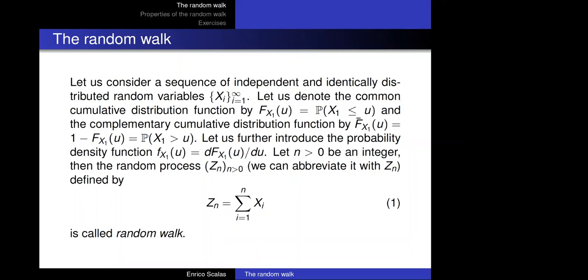And because you jump by a random quantity and you move on a line, suppose you start at 0: at step 1 you will be in x1, at step 2 you will be in x1 plus x2, at step 3 you will be in x1 plus x2 plus x3, and so on.